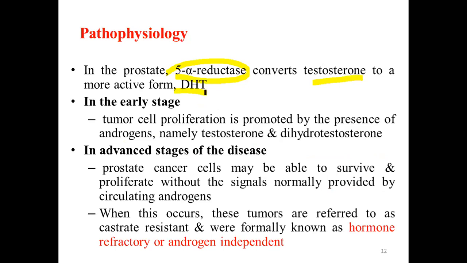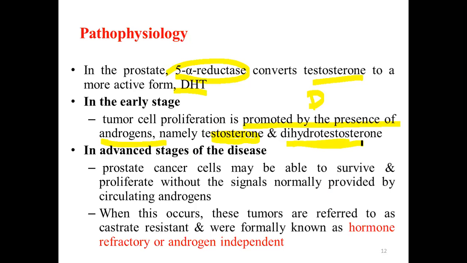So in the majority of early cases of prostate cancer, tumor proliferation is usually mediated by androgen. Testosterone is usually the main growth signal. So in short, in the early stage of the disease, it is primarily due to androgen.